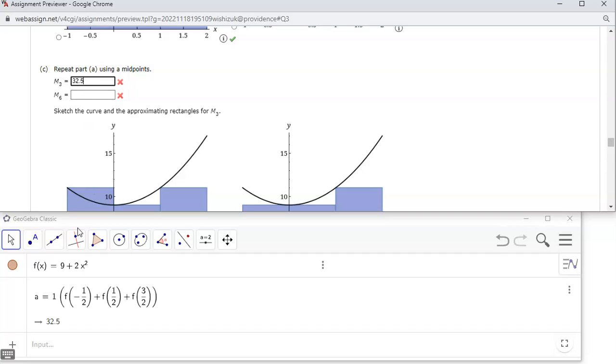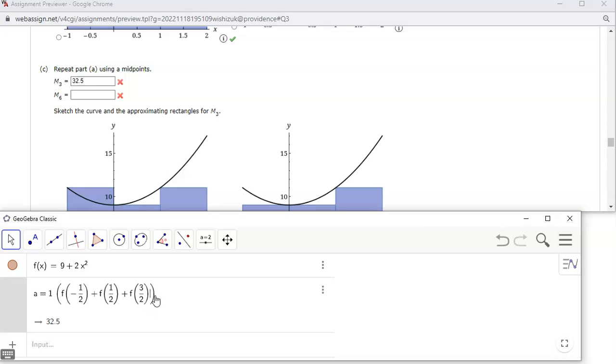M6 is going to be: the first interval is -1 to -1/2, so the midpoint is -3/4. Then we just keep adding 1/2.